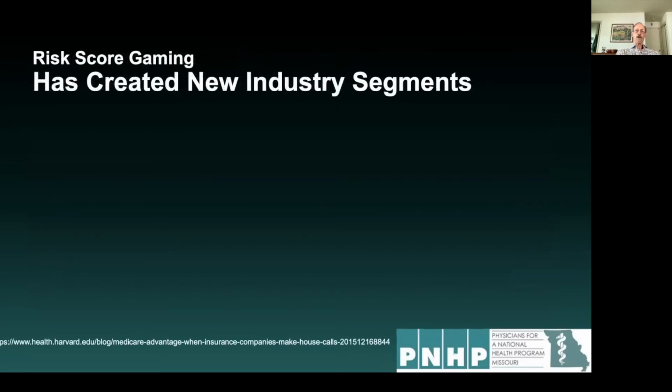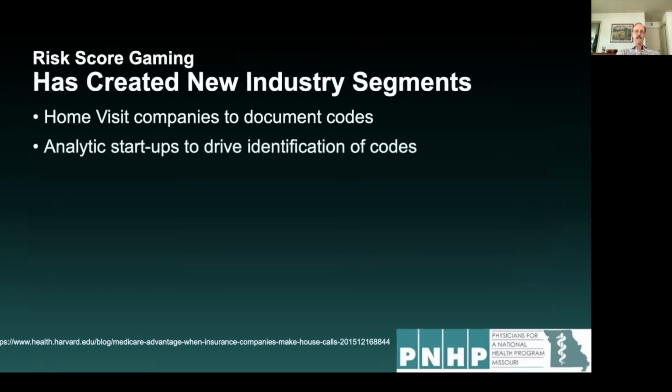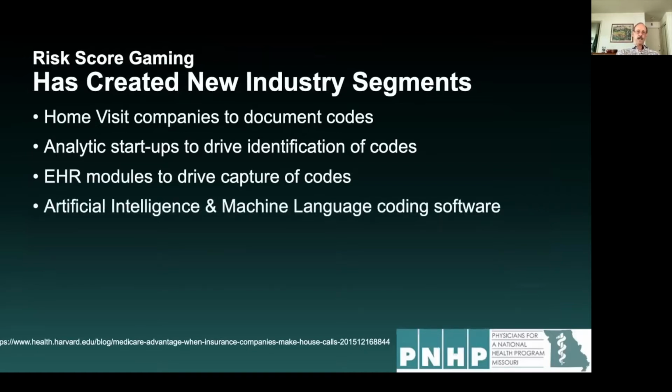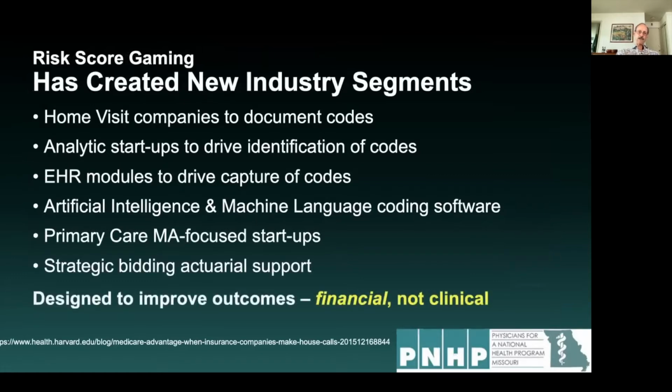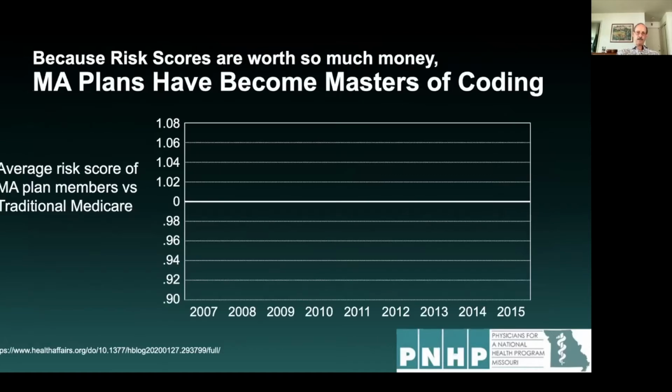And there is a whole new industry built up around trying to help them do this. Home visit companies, analytic startups to drive identification of codes, electronic health record modules to drive capture of codes, artificial intelligence and machine learning, language coding software, primary care Medicare Advantage focused startups, strategic bidding of actuarial support, all claiming to improve outcomes, but this is financial outcomes, not clinical outcomes.